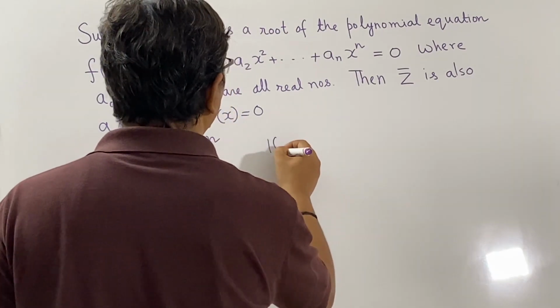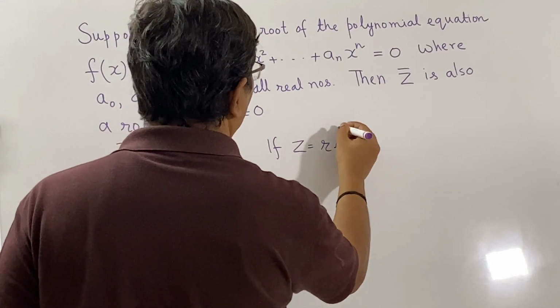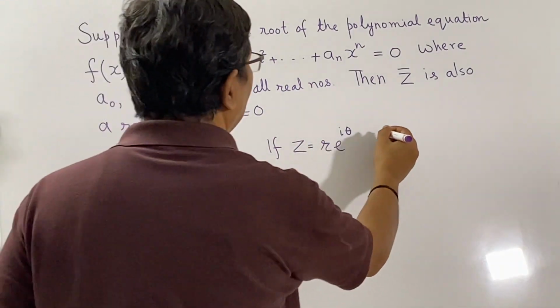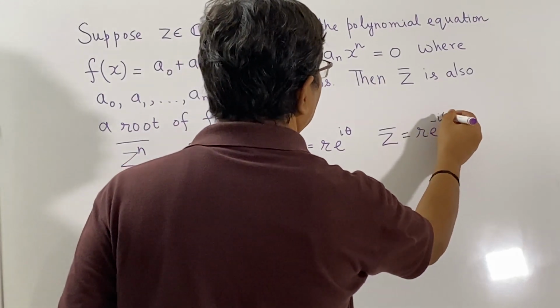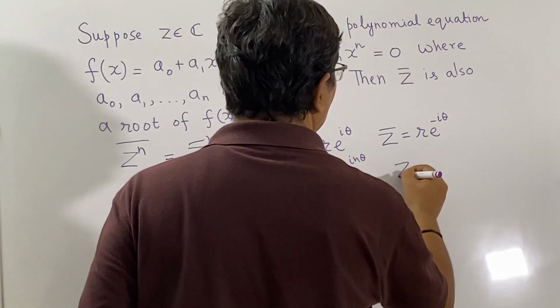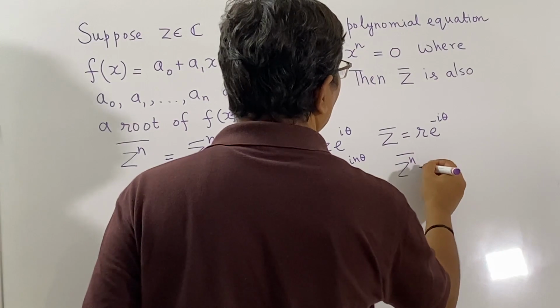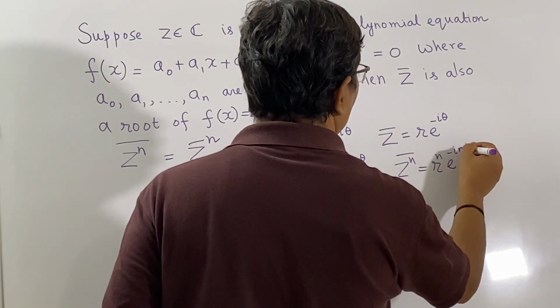So, if z is equal to r e^(iθ), then z conjugate is r e^(-iθ). zⁿ is rⁿ e^(inθ). zⁿ conjugate is rⁿ e^(-inθ).